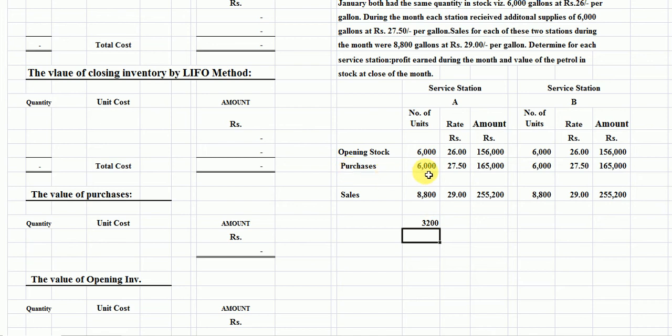It means the closing stock is 3,200 gallons, so the rate applicable is 27.50 rupees here, because in FIFO, first in first out means the first purchase goes out first.